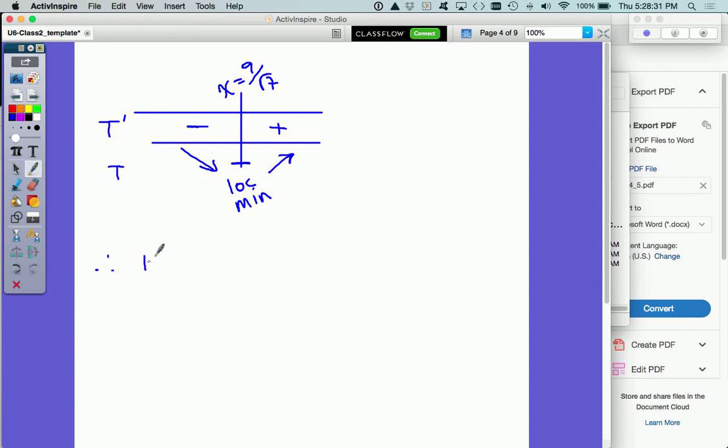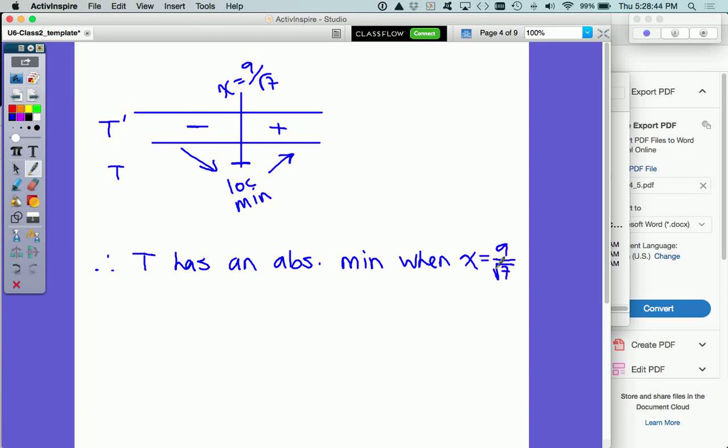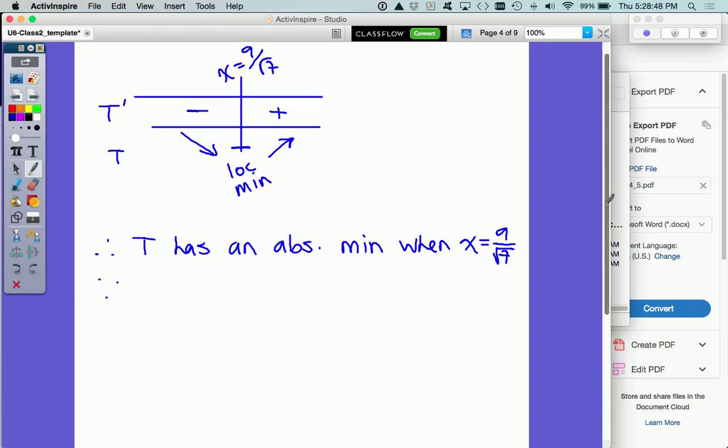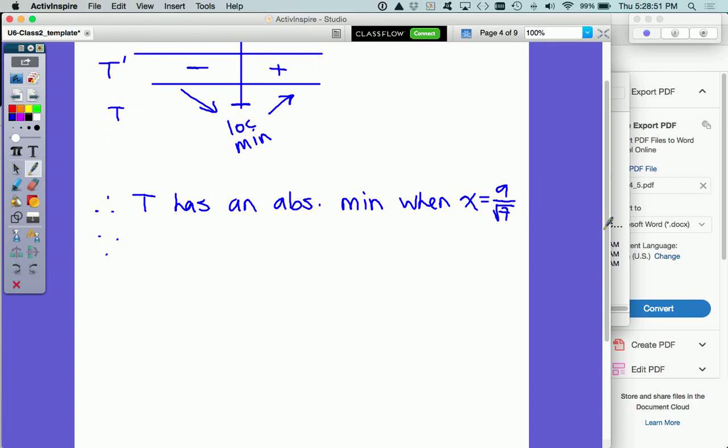So I say, therefore, t has an absolute minimum when x equals 9 over radical 7, because, if I look up here at my chart, I can see the reason for this is because t prime is less than 0 for all values of x between 0 and my critical value at 9 over radical 7.